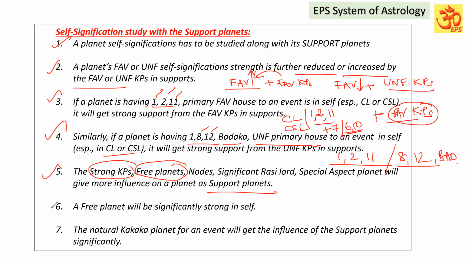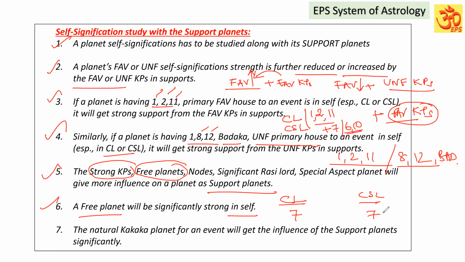Then, out of them, a free planet will be significantly strong in self. Here we are talking about the self-signification. A planet is a free planet in self. Suppose cuspal lordship and cuspal sublordship, suppose 7th cuspal lord or 7th cuspal sublord.